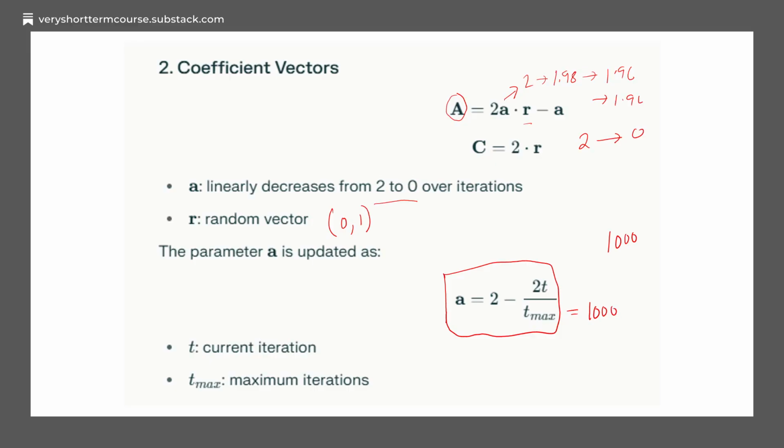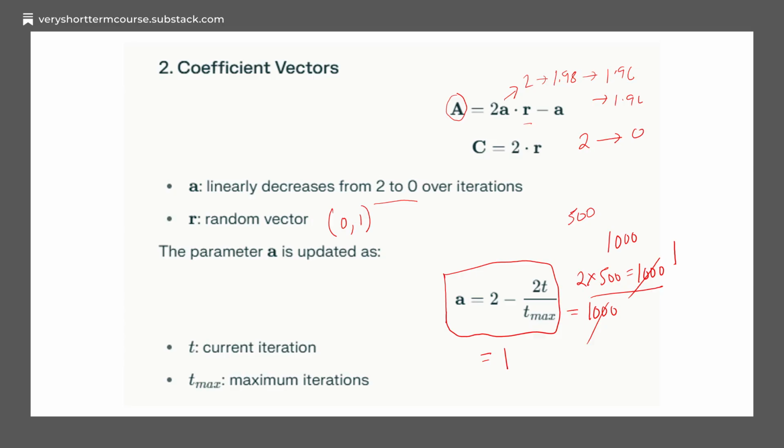And if you are at the 500th iteration, then what happens? 2t, that means 2 into 500, that is equal to 1000. Correct? Then 1000 divided by 1000 is 1, 2 minus 1, then the value of a will be 1 at the current iteration.